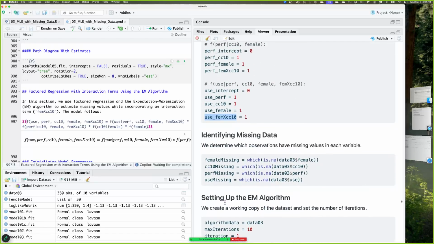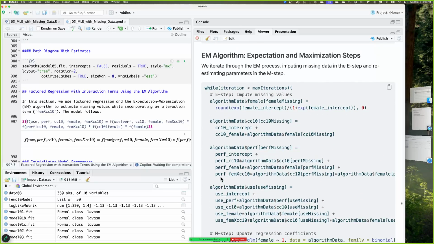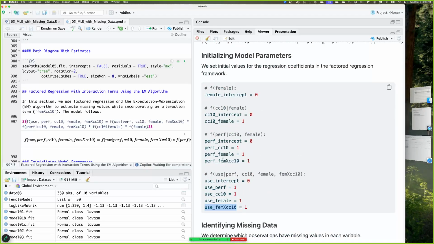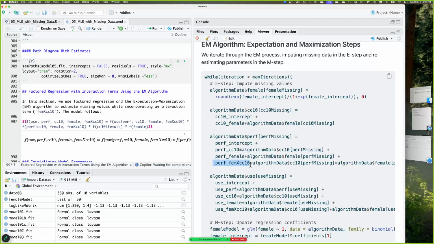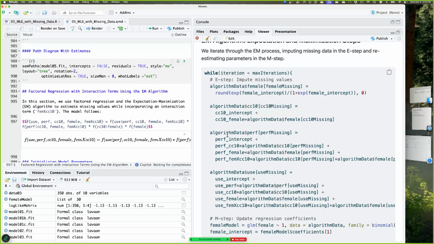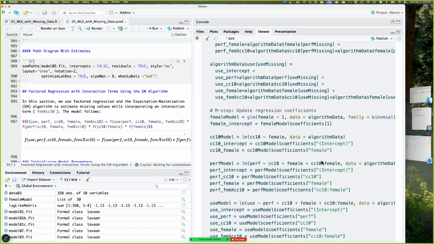So here, the only change in my algorithm was that I have a few extra parameters, the interaction term on performance, the interaction term on usefulness. So therefore, I have to include those in our missing data imputation part. And then in the M step, you'll see that there's a CC10 by female interaction as well.